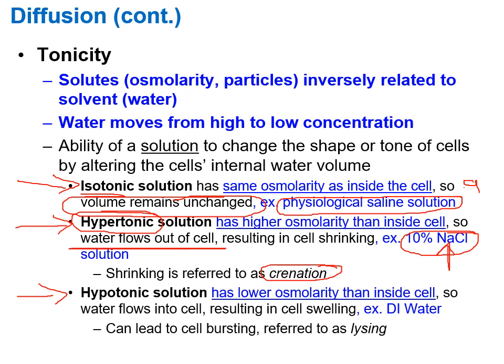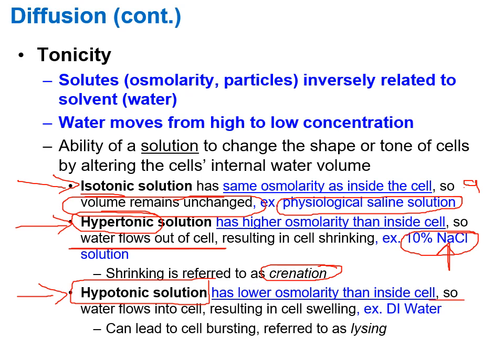Hypertonic, the cells become smaller because water comes out, because the solute concentration is higher in the solution than it is inside the cell. And our third example will be hypotonic. Hypotonic is when you have a low amount of solute on the outside of the cell, meaning that you have a higher concentration of water on the outside of the cell than you have inside the cell.